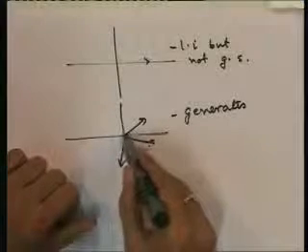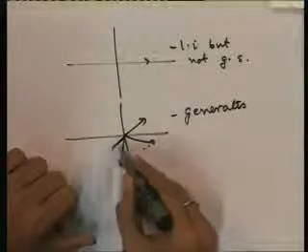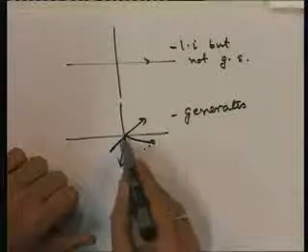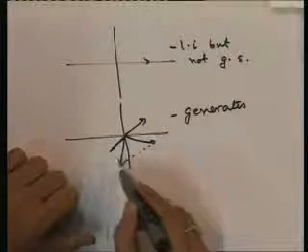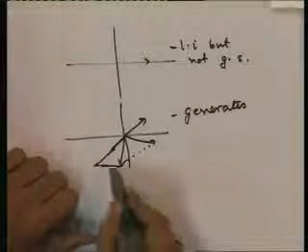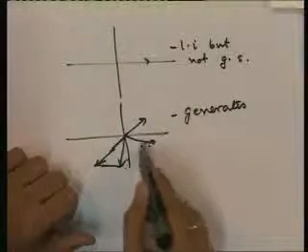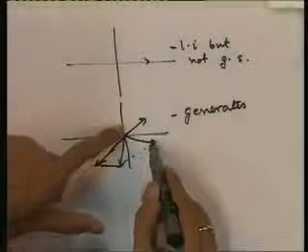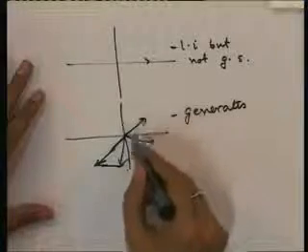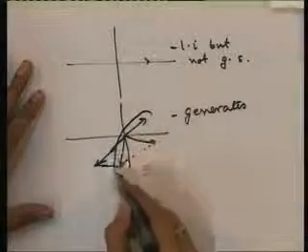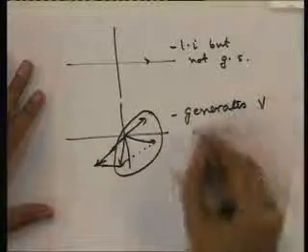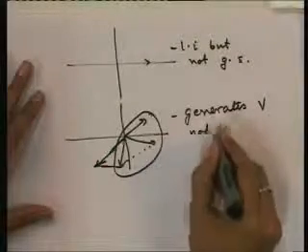For example, this is a scaled version of this, and this is just as it is. If we add these two, we get this. So this vector is a linear combination of these two vectors. So this set of vectors is not linearly independent. So this generates V but is not linearly independent.